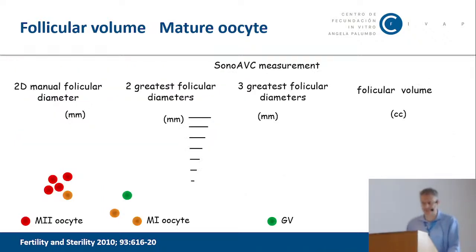In our first paper, we compared the 2D diameter obtained manually, the automatic diameter of the follicle on the day of trigger, and the follicular volume. We assumed that bigger follicles contain mature oocytes, and we assigned the mature oocyte to larger follicles.